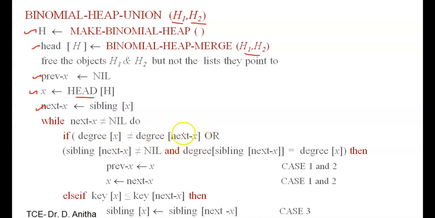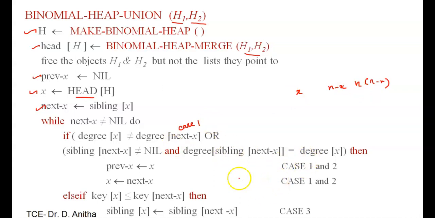So not equal, where this is case 1, and degree of x equal to degree of next x and sibling of next x is not equal to null, and this is also of the same degree. So this equals the second case, x, next x and next x, everything is same, right?